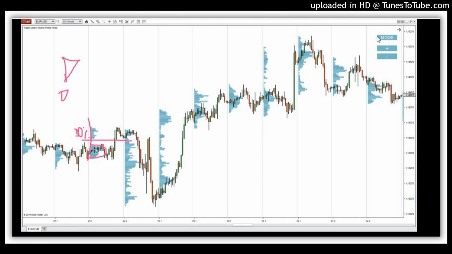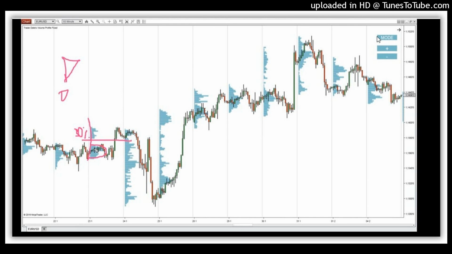And as I said, this really wouldn't be a B-shaped profile because the price shot upwards and it's closing above 50% of the daily range. So this wouldn't be a B-shaped profile, and still it looks more like a thin profile.